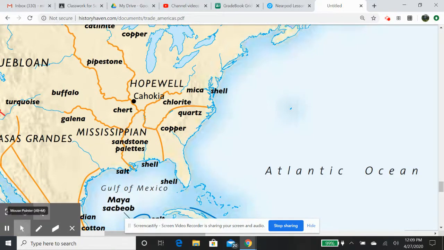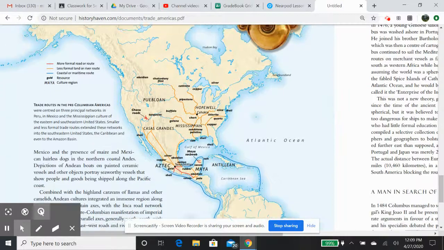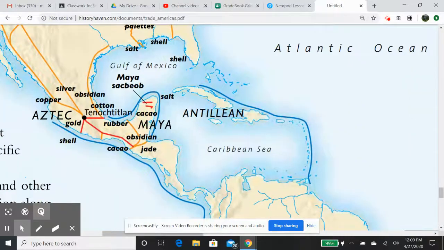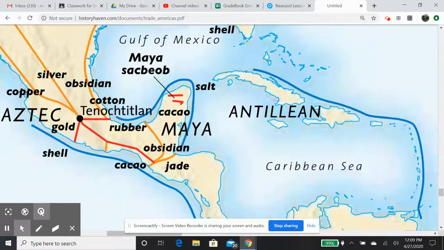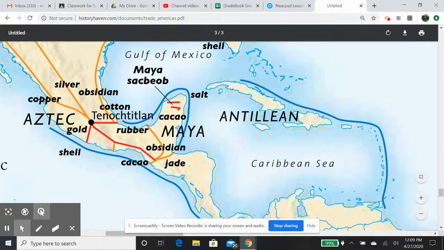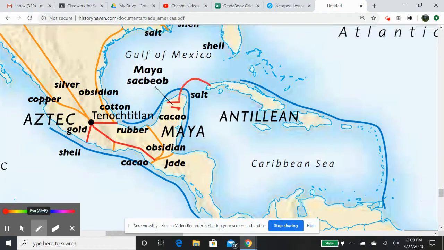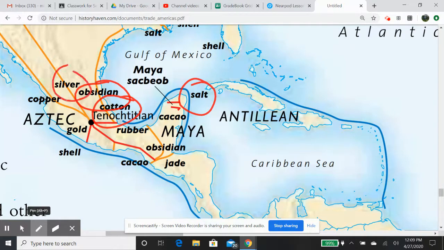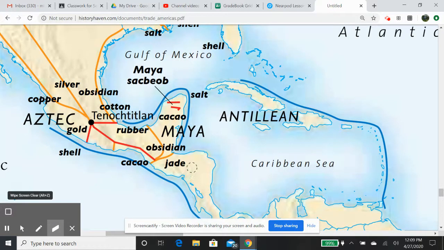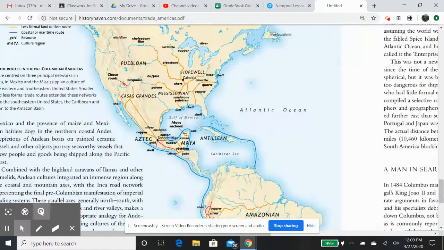Now, if we zoom out a little bit, you can see down here you're getting salt from the ocean, cotton, obsidian, silver, cacao, jade, rubber. You have all of these things, and these trade routes were huge.